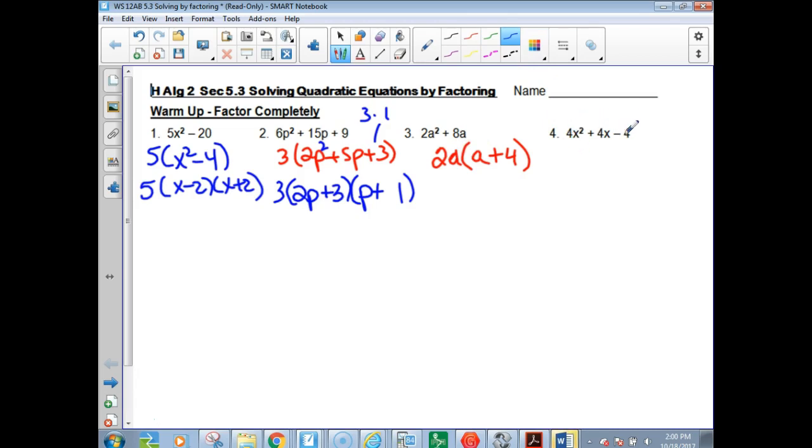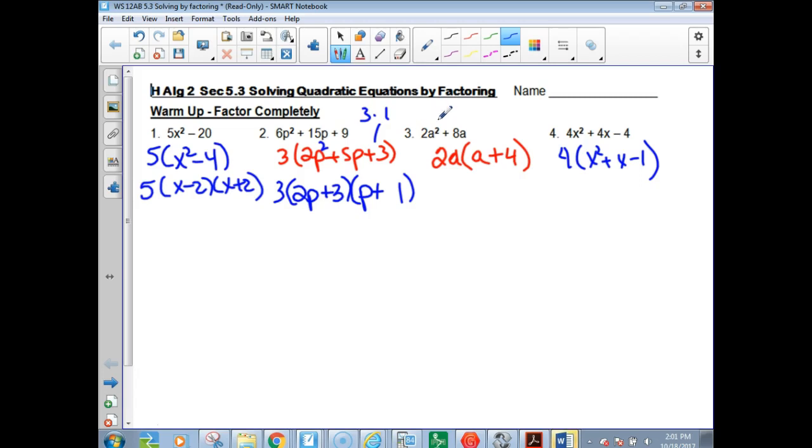4a squared plus 4a minus 4, you can only factor out a 4 from every term. You can only factor out the most that each term has, or the least.